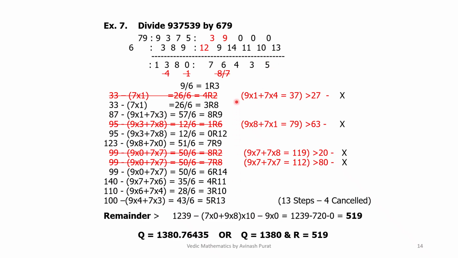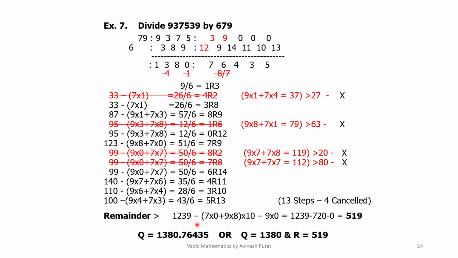So in this case, what we see is 13 steps are there. Out of those, 4 are cancelled. Now remainder is 1239 minus 7 into 0 plus 9 into 8 multiplied by 10 and 9 into 0 multiplied by 1.